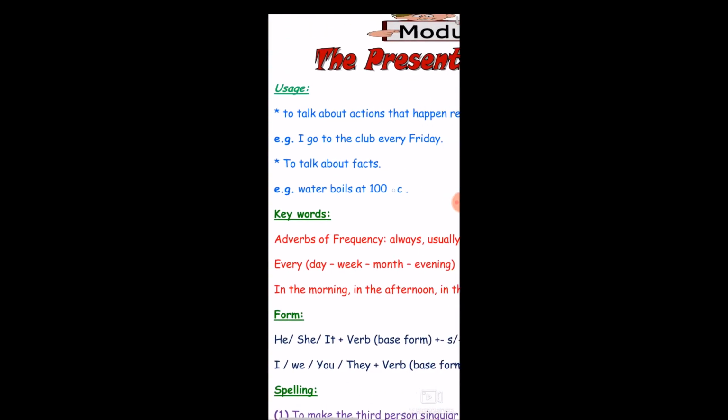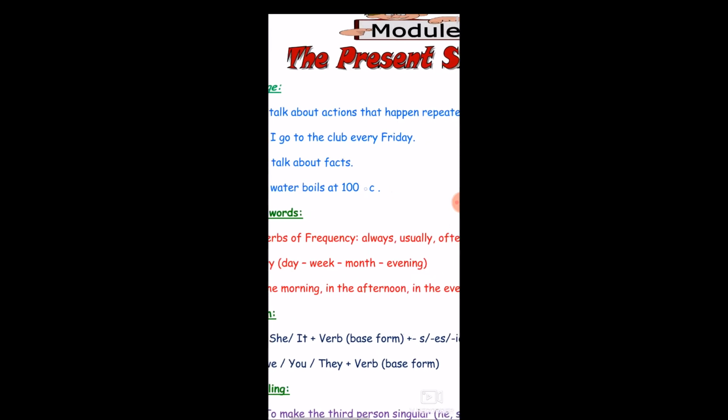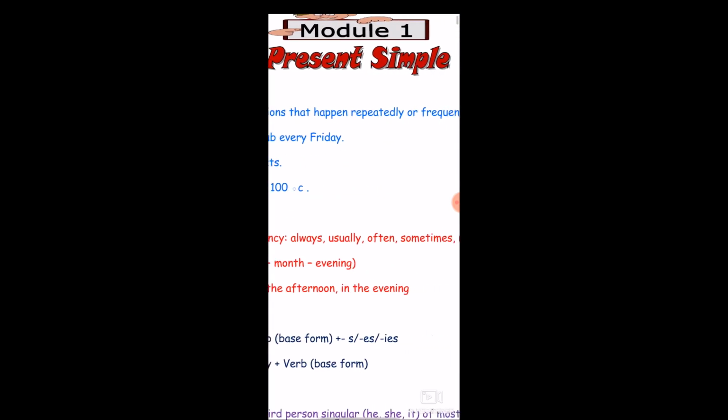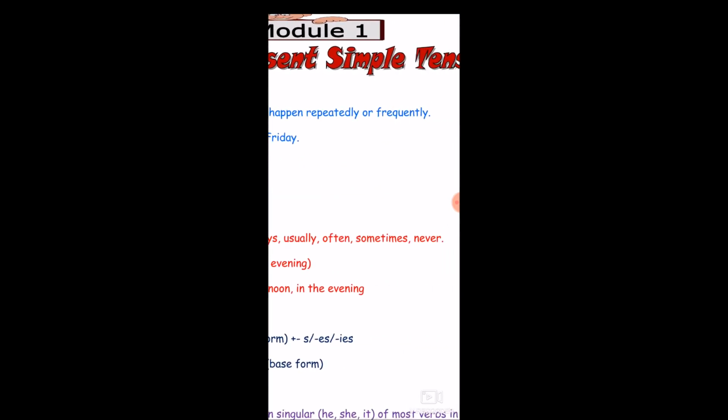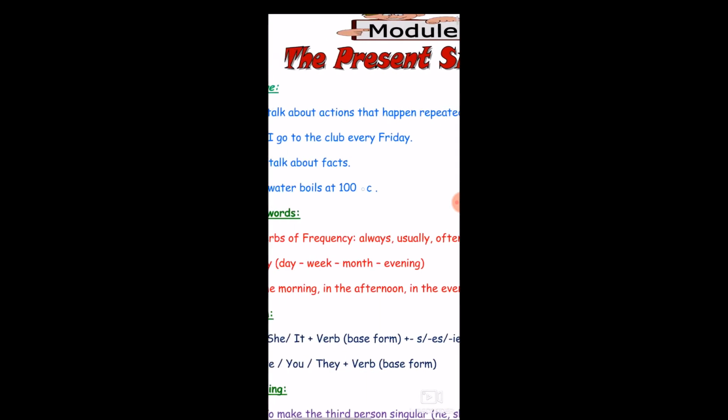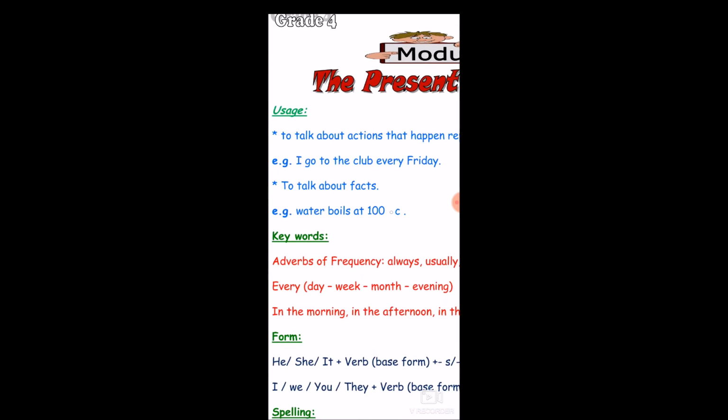Let's start. The usage of the present simple. We use the present simple to talk about actions that happen repeatedly or frequently, something you repeat, you do as a routine. Like what? For example, I go to the club every Friday, so it's a repeated action.